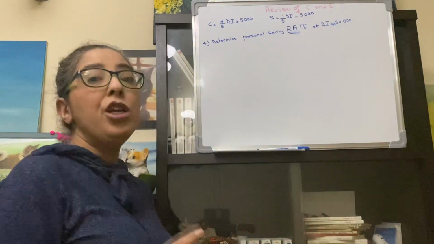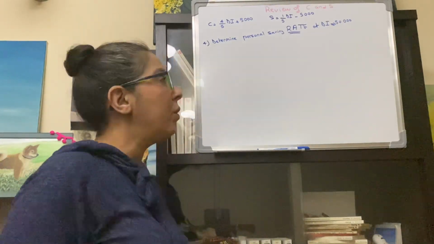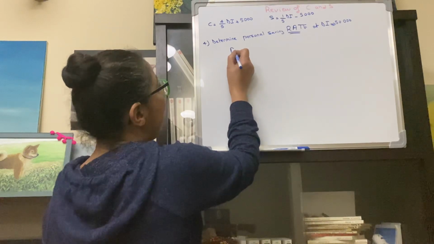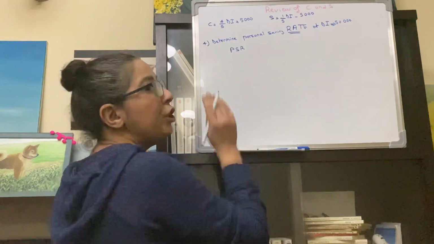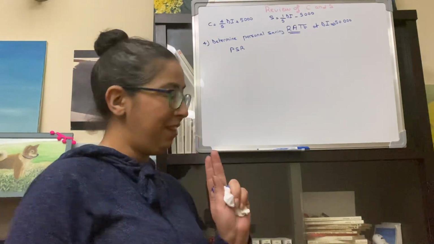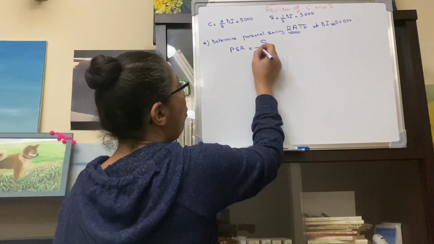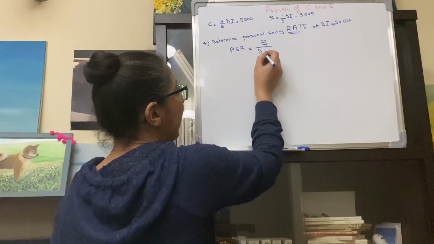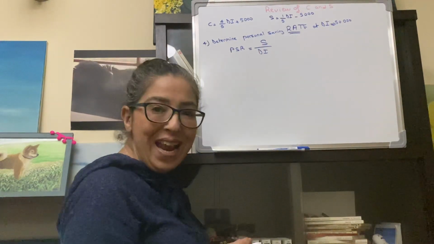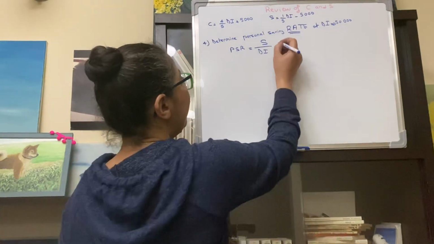Okay? To calculate the personal saving rate, you have to know the formula, okay? I'm gonna write PSR, even though it's only in my class we use this, okay? So PSR is equal to saving over DI. As it's a rate, you have to multiply by 100%, okay?